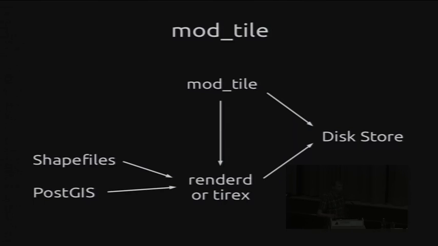These are programs that run continuously on the server in order to create the map images. They can deal with PostGIS databases, with shapefiles, with TIFF files, or any other data source, and create the map images. When renderd has created a map image, it's important to note that it gets stored into the disk store, and then mod_tile is available to serve it from disk.